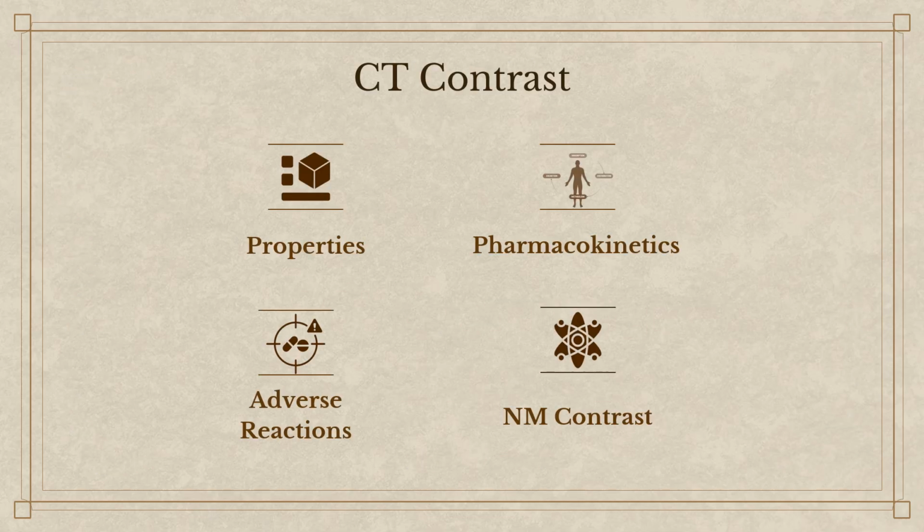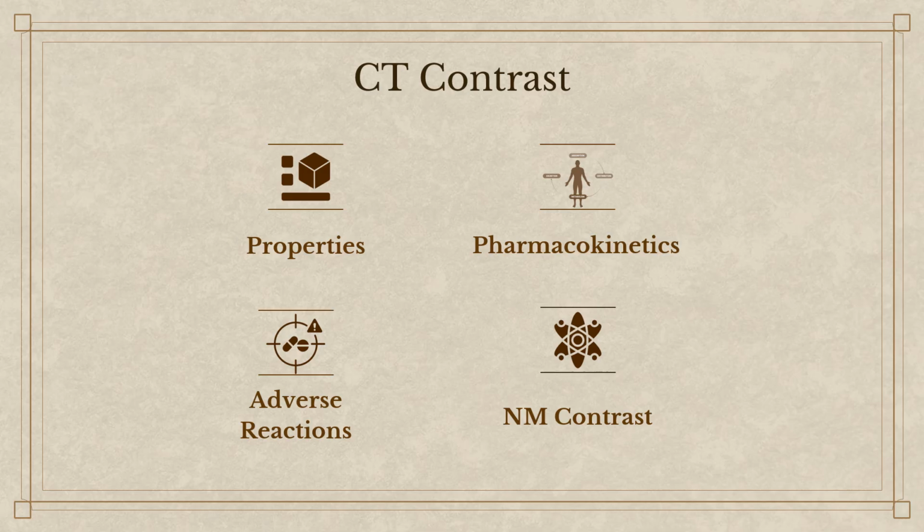We'll explore four key aspects of contrast media, including one, properties, to understand the chemical structure, ionic characteristics, and key factors like iodine concentration, osmolality, and viscosity. Two, pharmacokinetics, to review how contrast media moves through and is eliminated from the body.